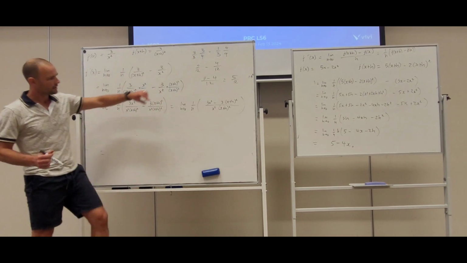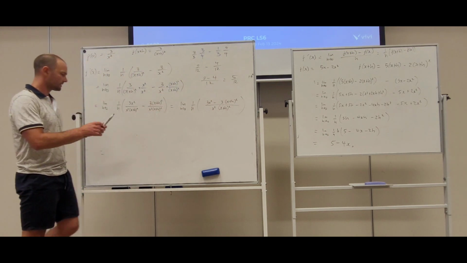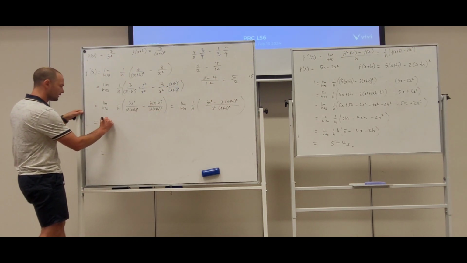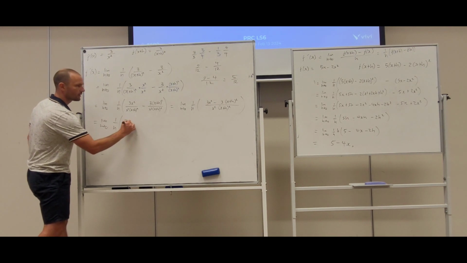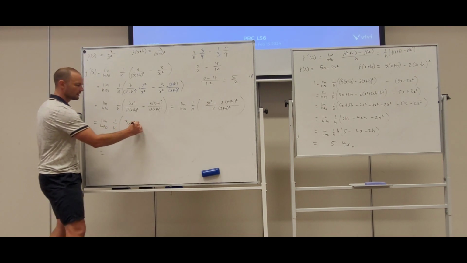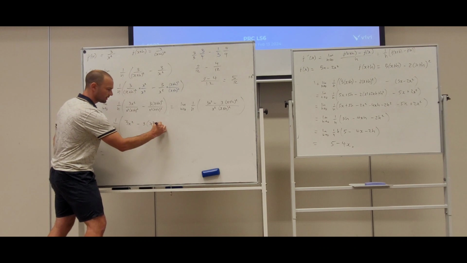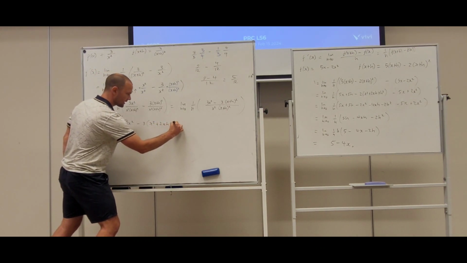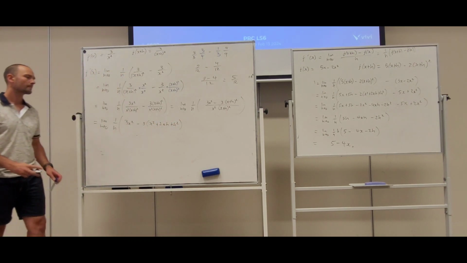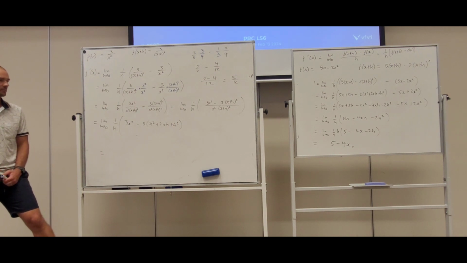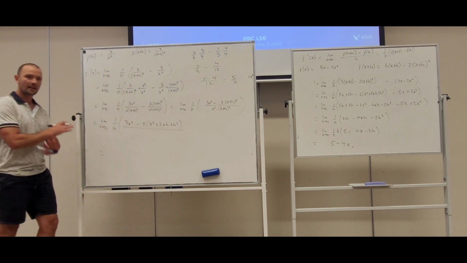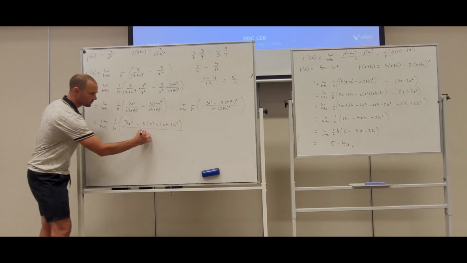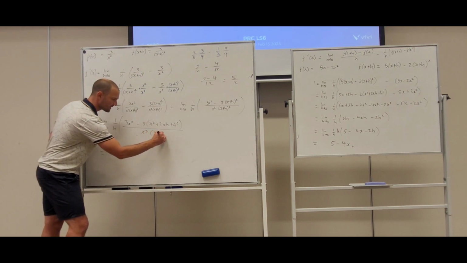So if I'm going to expand this, again I've said do it in 2 steps. Because we have the 1 on h out the front, we have 3x squared, x squared plus 2xh plus h squared. That's what we've got at the top. Don't expand the denominator, it will work itself out. We'll just leave it there for now, x squared times x plus h squared.